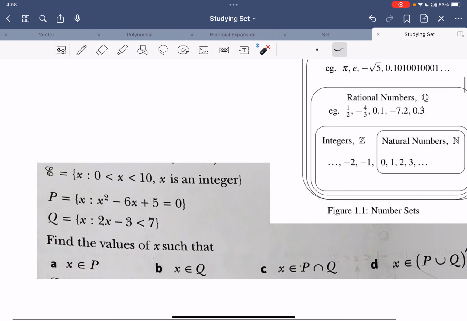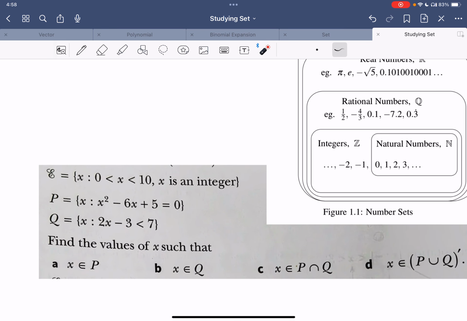So now let's see a practice question. You can pause the video for a few minutes if you want. So question A. Find the values of x such that x is an element of P. What does P represent? P is this equation.